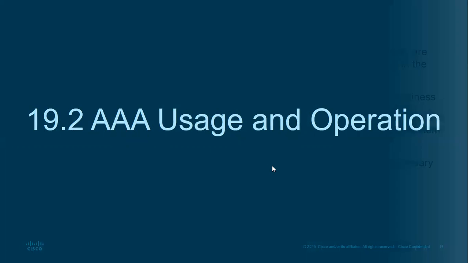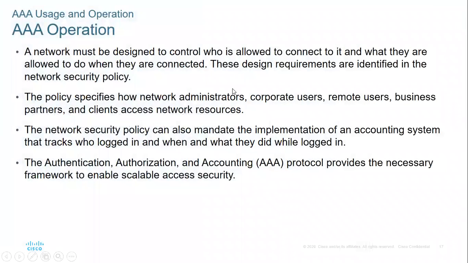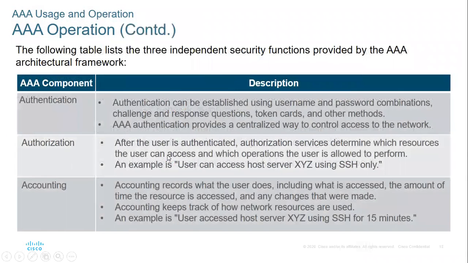AAA usage and operation. So you can also implement AAA in your organization. So AAA, this is authentication, authorization, and accounting. So first of all, someone has to be authenticated with the use of maybe a username or password.